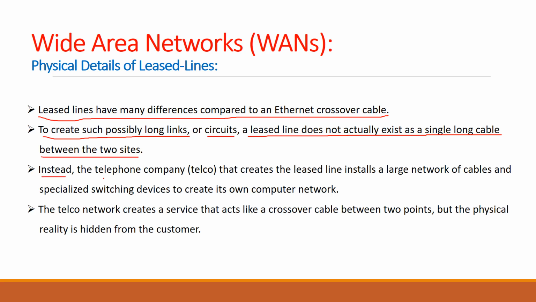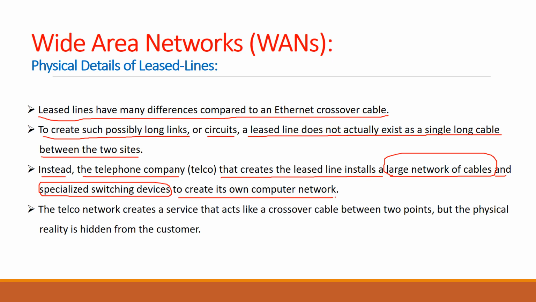Instead, the telephone company or the central office that creates the leased line installs a large network of cables and specialized switching devices to create its own computer network. The telco network creates a service that acts like a crossover cable between two points, but the physical reality is hidden from the customer.